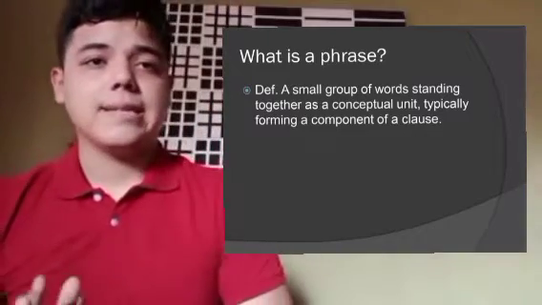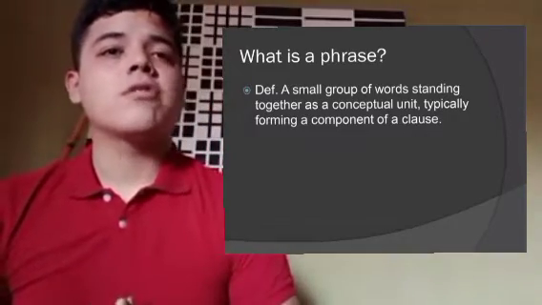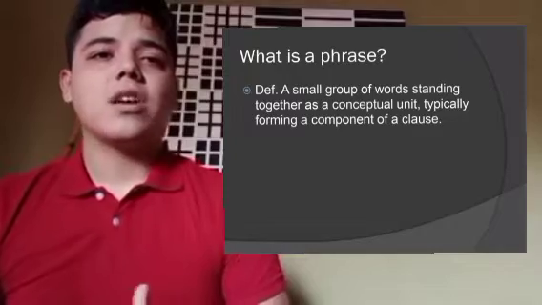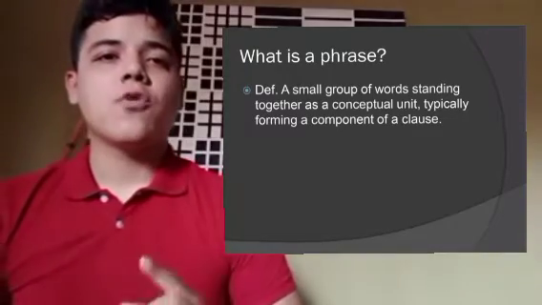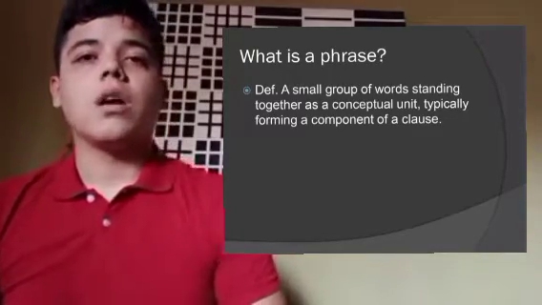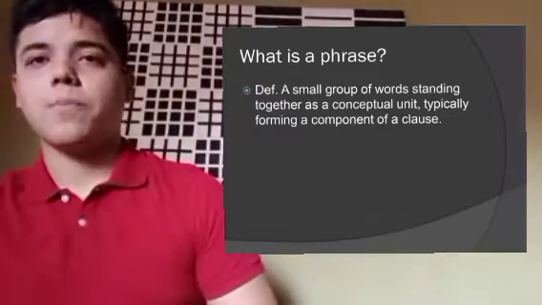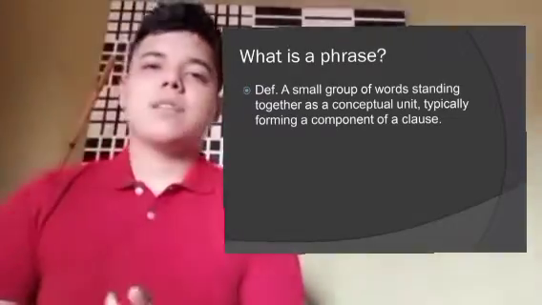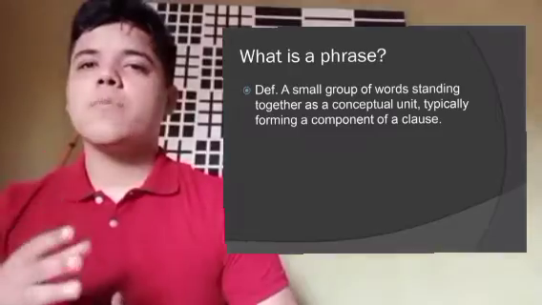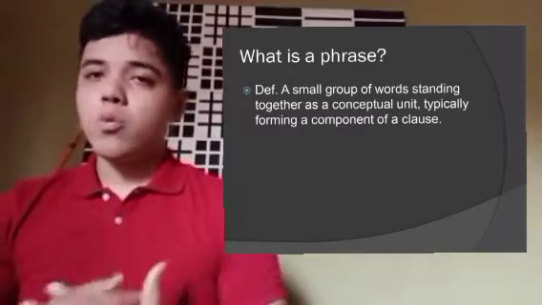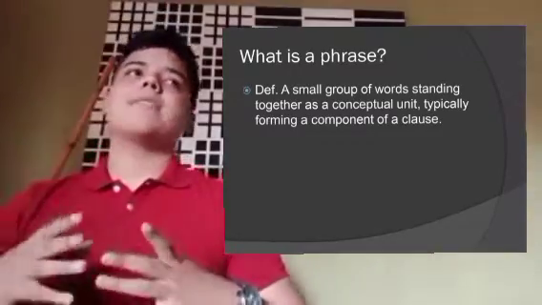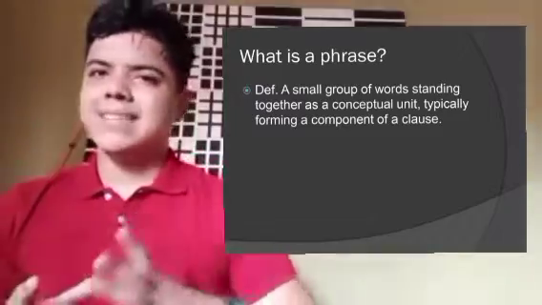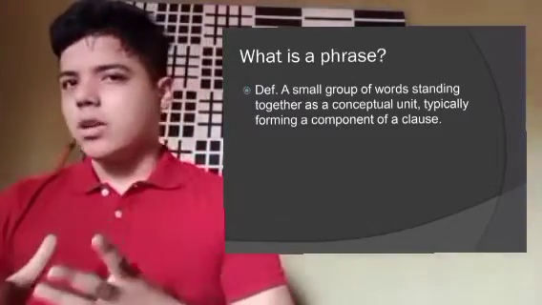What is a phrase? A small group of words standing together as a conceptual unit, typically forming a component of a clause. So, we can say basically that a phrase is a group of two or more words functioning as a meaningful unit within a sentence or a clause.